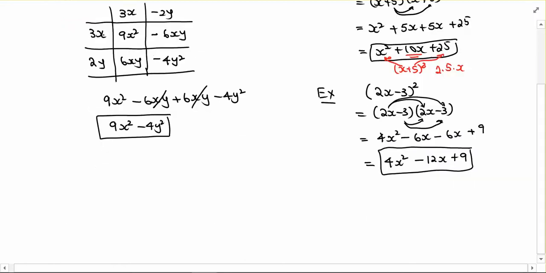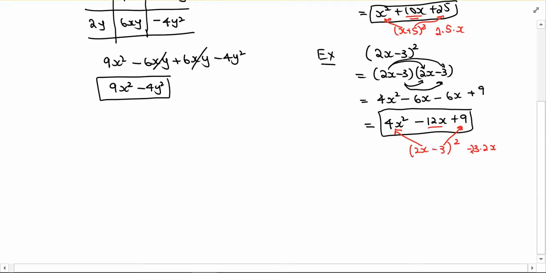Does that pattern hold true for the second one here? Let's see. So we have 2x minus 3 squared. This is 2x times 2x, 4x squared. This is 3 times 3, that's 9. And in the middle, we have 3 times 2x, that's 6, times 2, which is 12, which is what that is. So that kind of leads us to a shortcut formula.